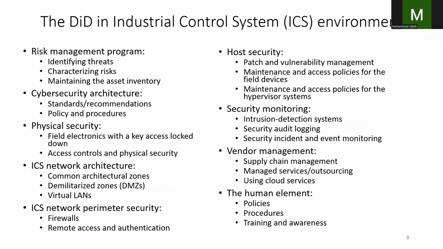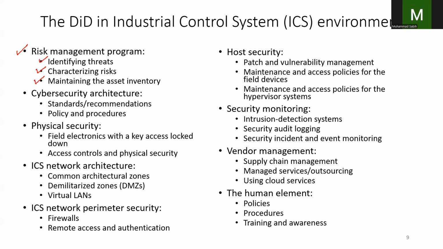So this is the last slide in this video recording. What does defense in depth actually look like in the ICS environment? It is multi-layer. We will go through the key areas where the organizations must apply the layered security measures. So let's briefly go through it. The first thing is risk management. Starting by identifying the threats and also the level of the risk, and also we need to maintain a very clear asset inventory.